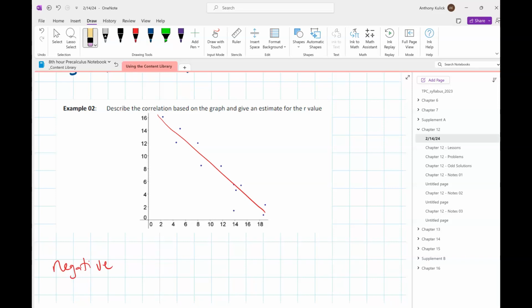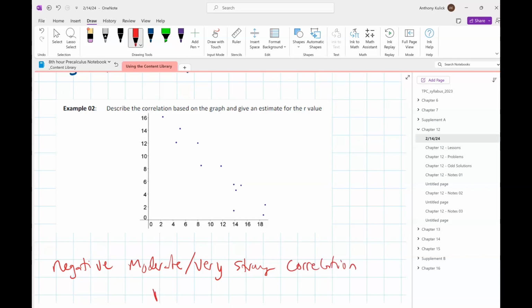Now we should talk about the strength of this linear relationship. Is this weak, moderately strong, very strong? What do you guys think? Yeah, I would say moderate to very strong, somewhere in there. I think either one I would accept. And as a result, we might estimate that R value to be what?